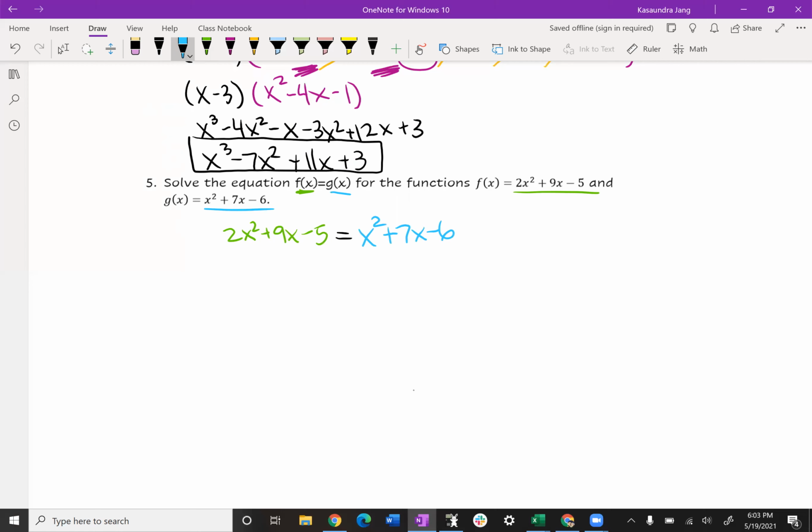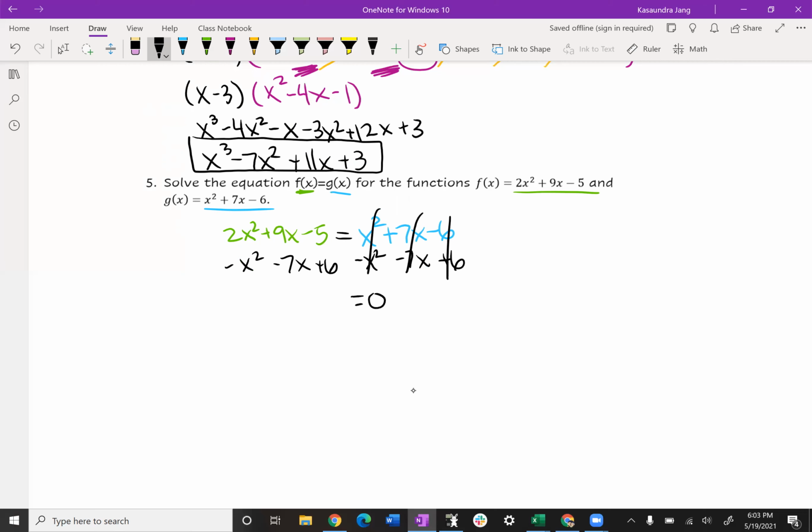All right, and so I'm going to solve this by probably getting everything on one side of the equation and all equal to 0. So I'll subtract my x squared on both sides, subtract a 7x on both sides, and add 6 on both sides, all right? Which means I just have 0 on the right side here.